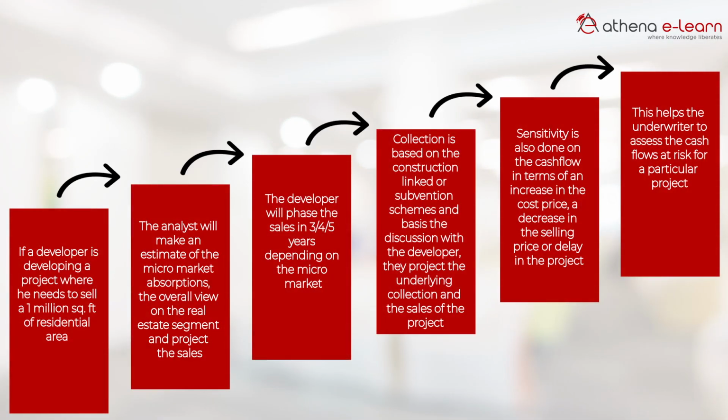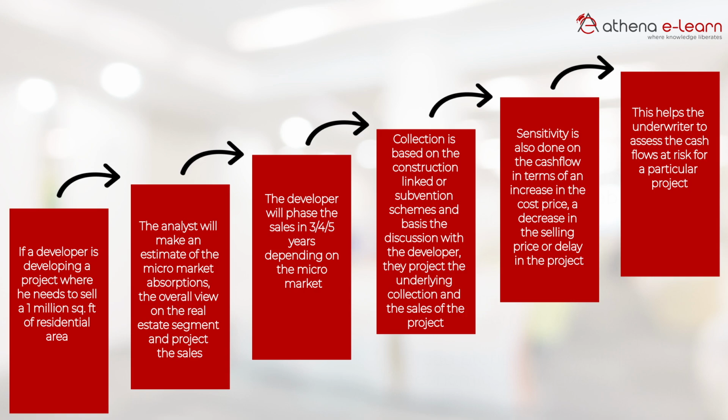Let's take an example. If a developer is developing a project where he needs to sell 1 million square feet of residential area, the analyst will then make an estimate of the micro market absorptions, the overall view on the real estate segment, and then project the sales of this 1 million square feet.